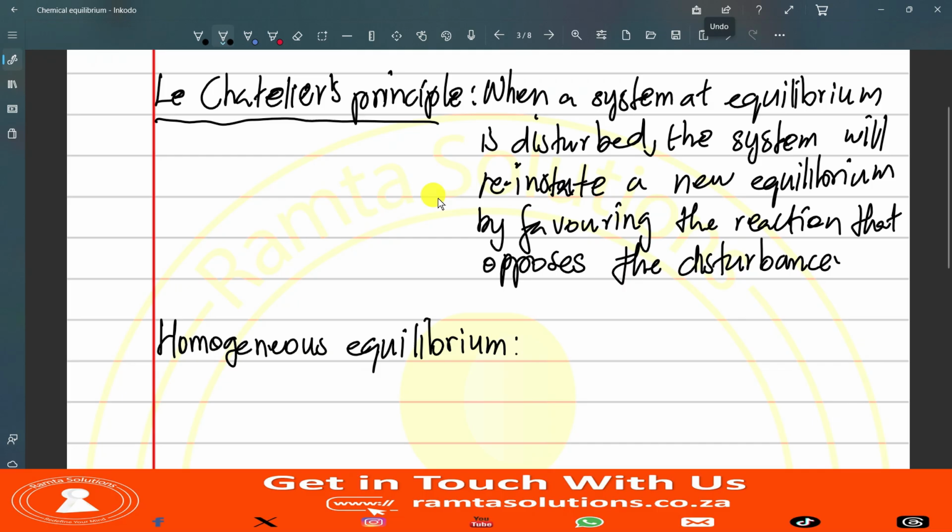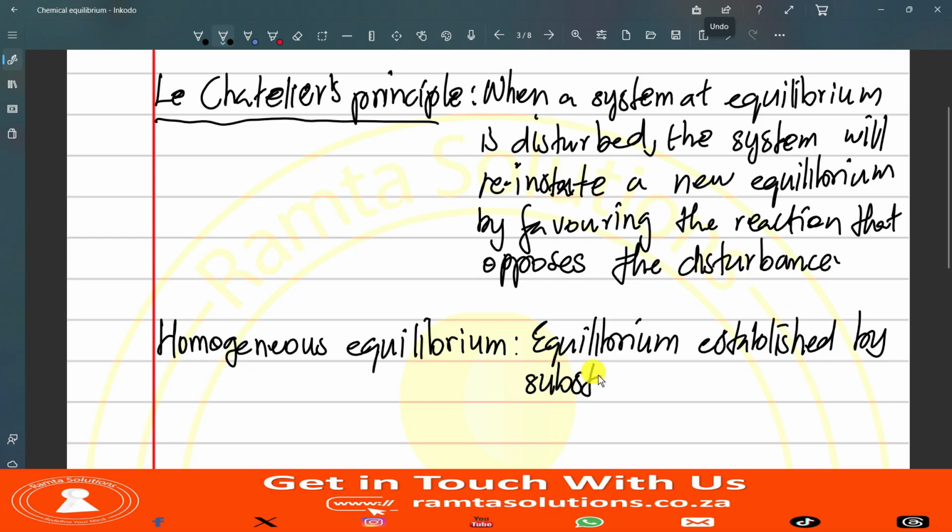Homogeneous equilibrium is equilibrium established by substances of the same kind, or the same phase.